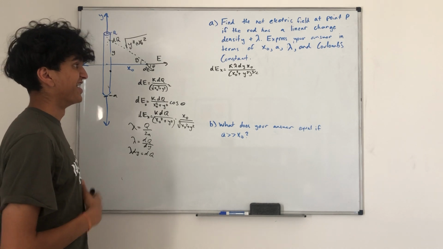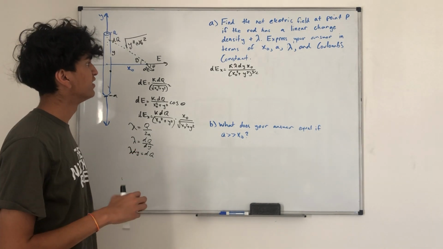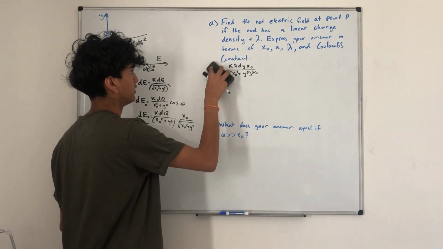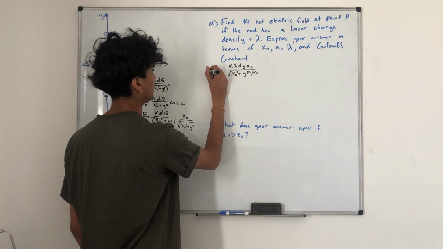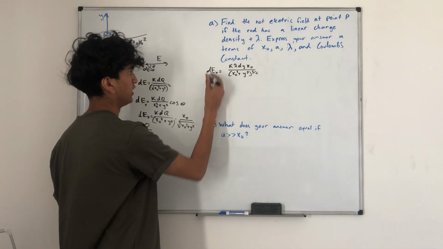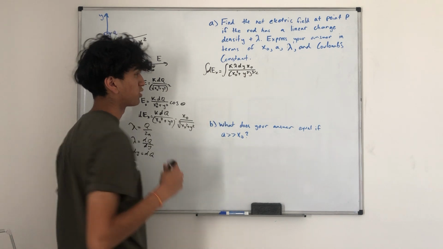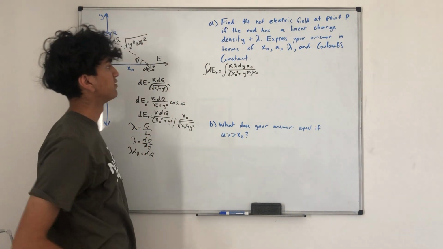Okay, now we have to start integrating. I might just make some space so I can get this integral. So dEx equals this. If we were to integrate all of the dEx's, we're going to be integrating in terms of this. What are our bounds for the integral? Because this is a definite integral, it's a set length.